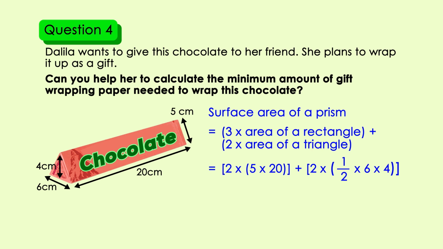We will get 200 plus 120 plus 24. What is your final answer? Well done! Dalila needs at least 344 square centimeters of gift wrapping paper to wrap this chocolate.